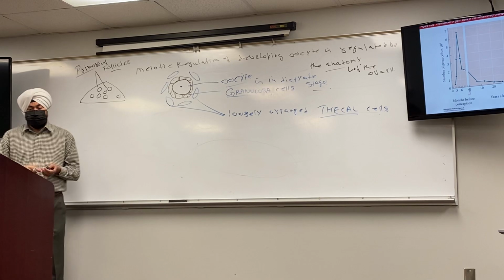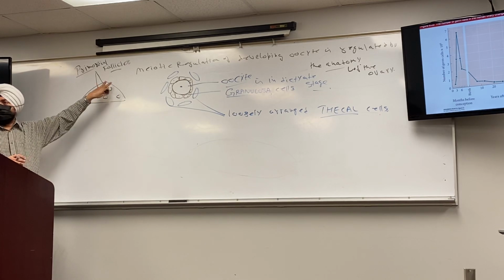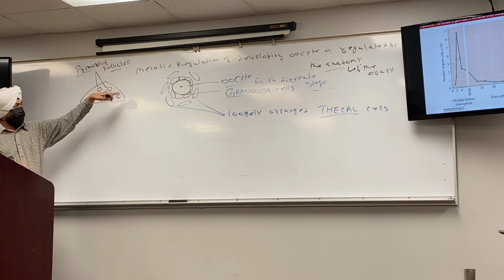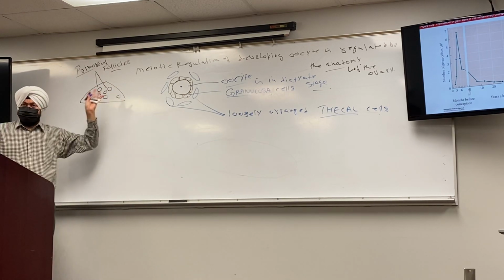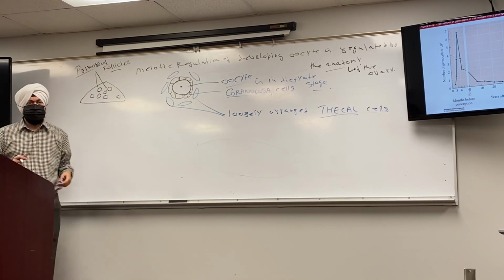Now, this is how it looks in the ovary at the time of birth. Now, it stays like this for about 12 years until puberty, right?